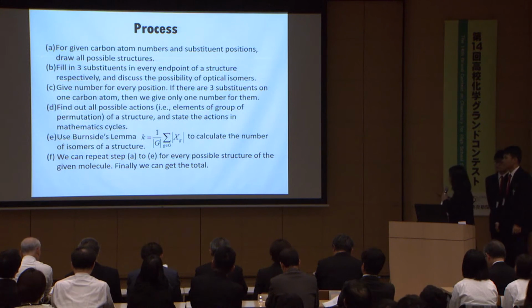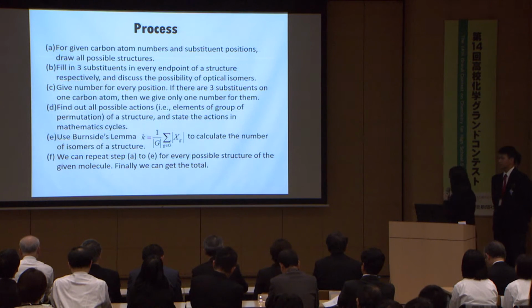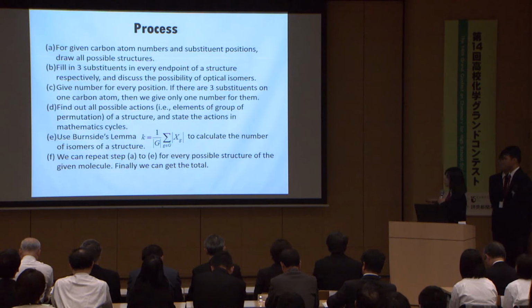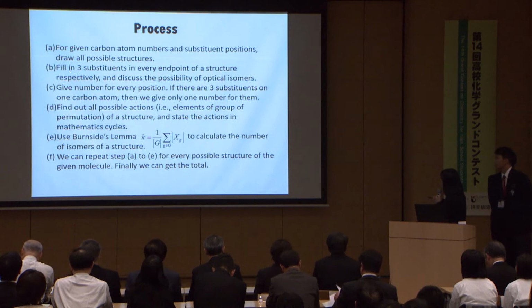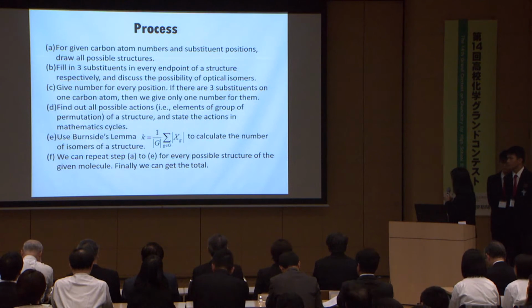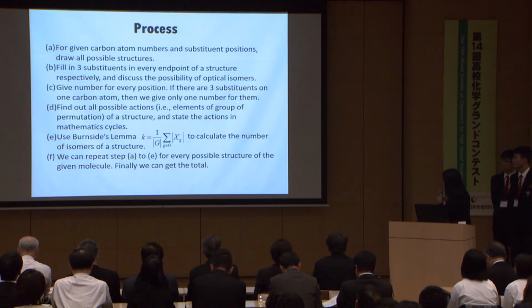And this is the process we sorted out. A, for given carbon atom numbers and substituents, draw all possible structures. B, fill in 3 substituents at every endpoint of a structure, respectively, and discuss the possibility of optical isomers.